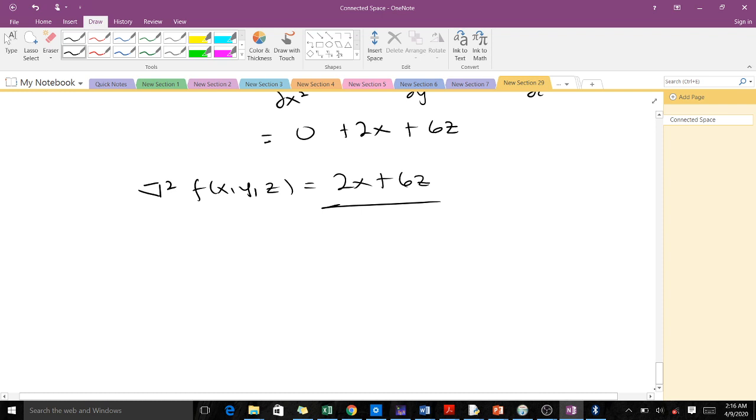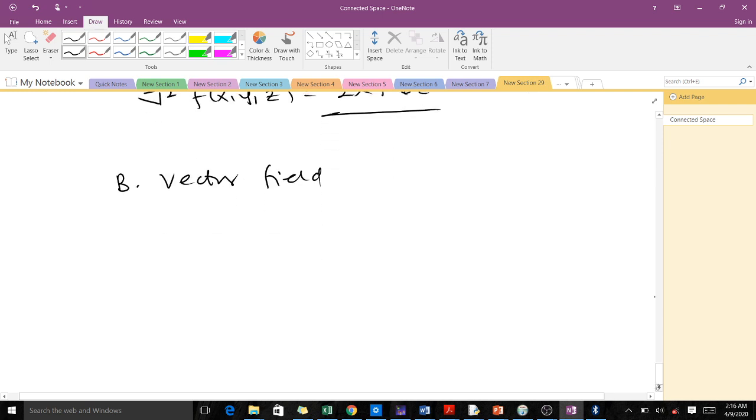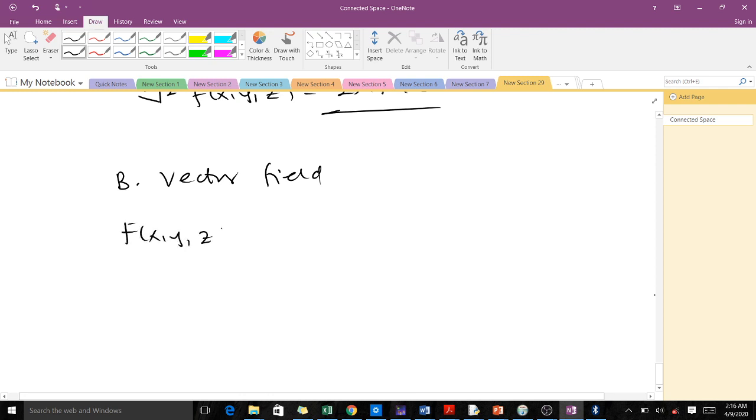Now let's see when we have a vector field. We're going to illustrate that with this particular example. We're supposed to find the Laplacian of this vector field: xz i minus y squared j, plus 2x squared y k.